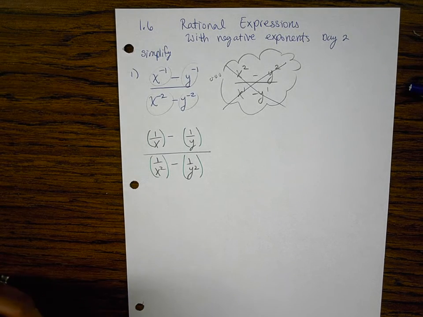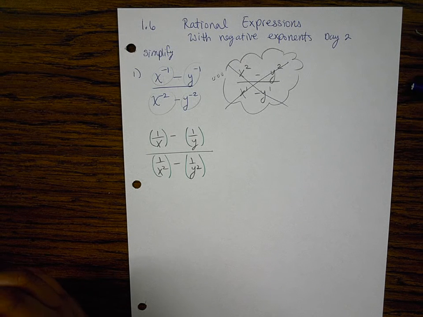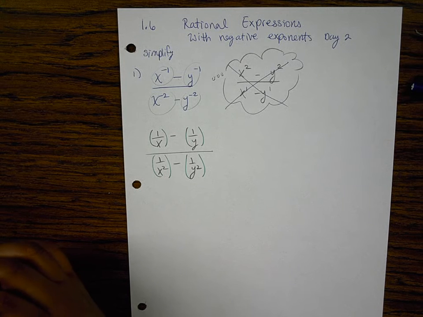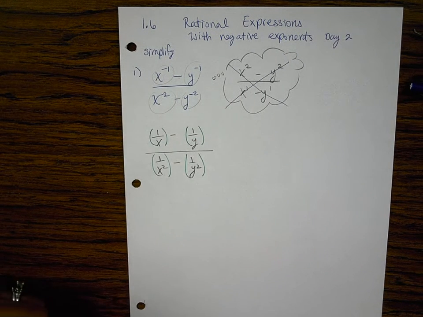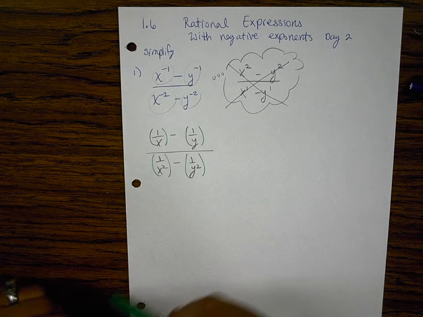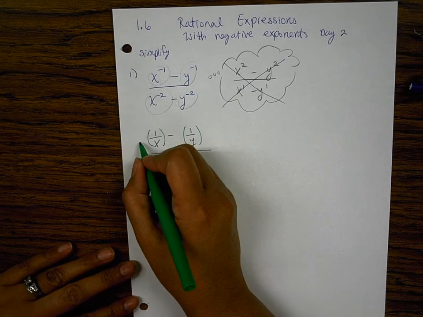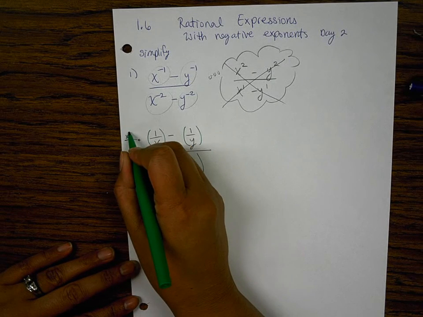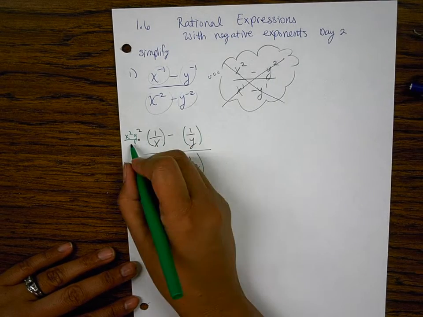And then we clear our complex fraction by multiplying everything by the common denominator. We're not multiplying only by what's missing, we're multiplying everything by the same thing. That's because I have a big complex fraction and I'm trying to clear it.